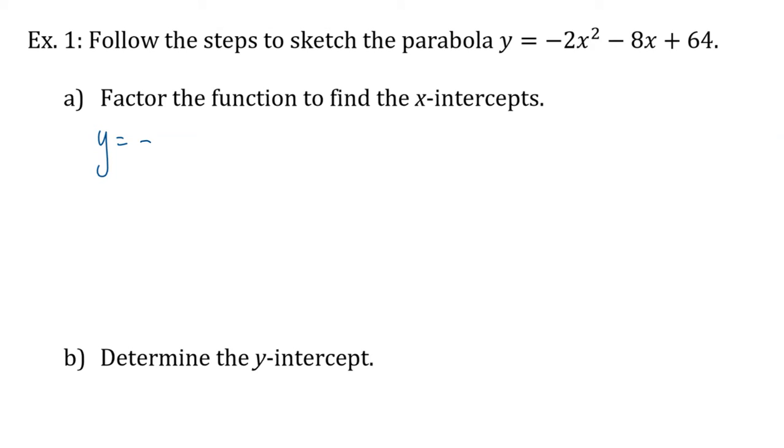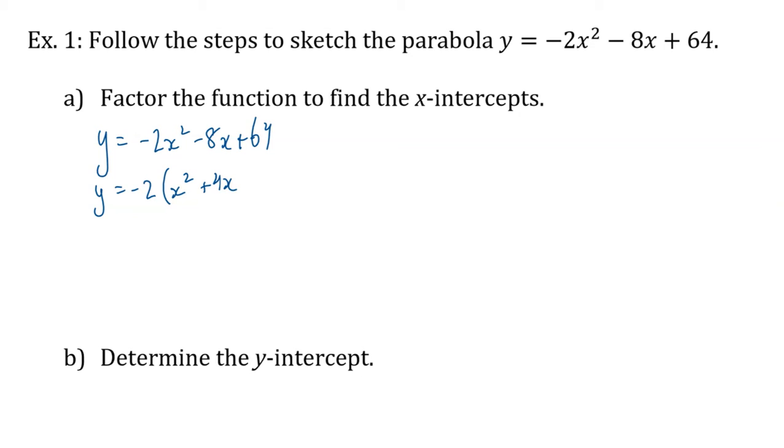Y equals, I'm just rewriting this. You don't have to. And what I'm going to notice is it has a common factor, so I'm going to pull that negative 2 out. So watch. X squared plus 4x, right?